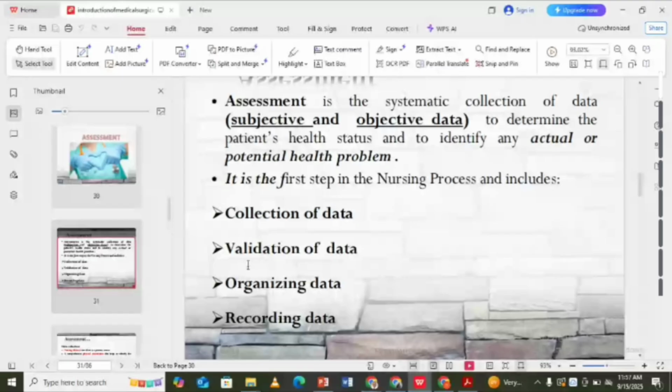The assessment, like I've just said, is the first step of the nursing process where you collect the data, then validate the data. I'm asking you, how do you validate the data that you've collected?